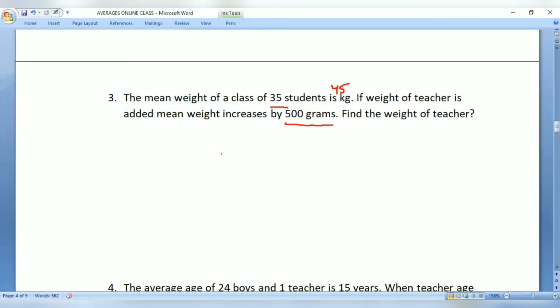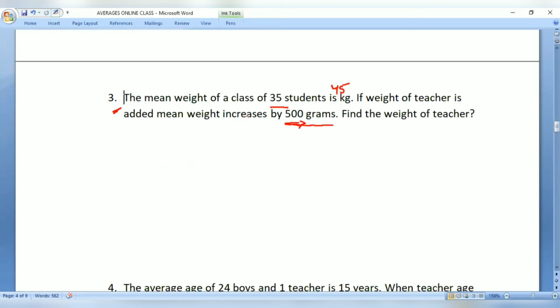Remember guys, in this particular model, we will get 2 types of questions. In the first model, we will be given the value that is increased, be it in grams or kilograms. They will give you by how much the value is increased. Then in the second model, they will give you the exact value.